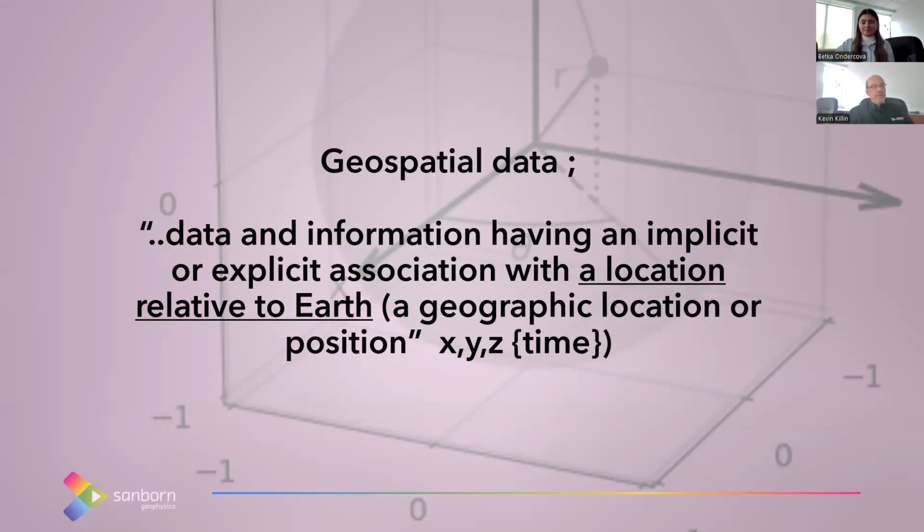Each data point is unique, and it has properties which are unique to a specific geographic location with an associated X, Y, and Z. And we can consider geophysics as a geospatial data set for the rest of the webinar. In the case of monitoring or time-lapse surveys, we also have a time as another reference point for the data.